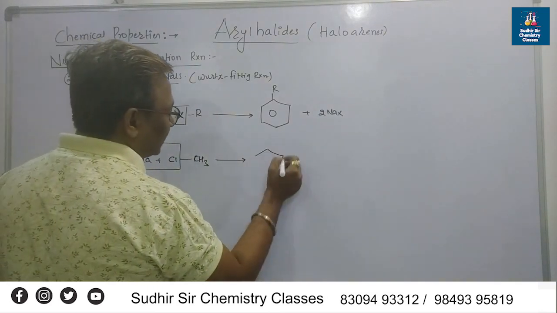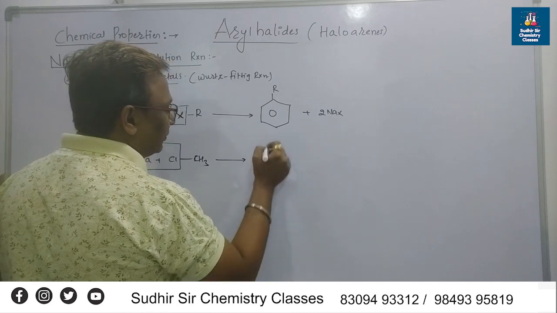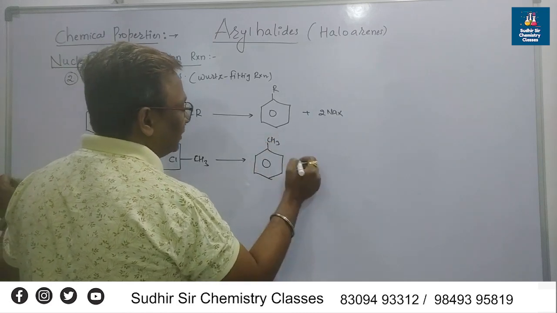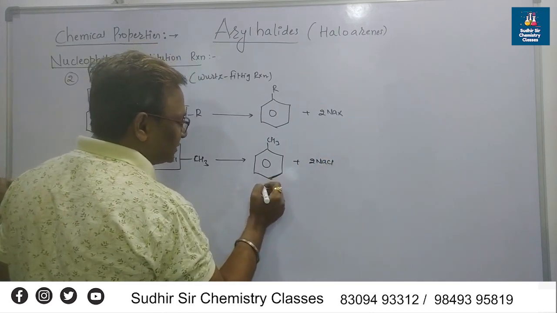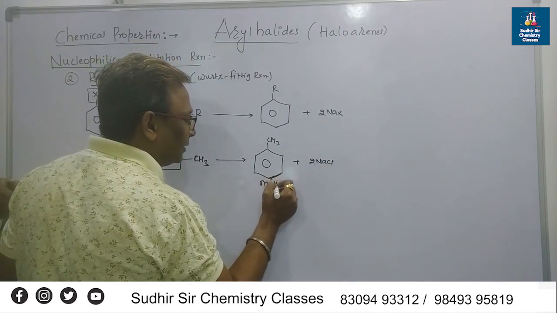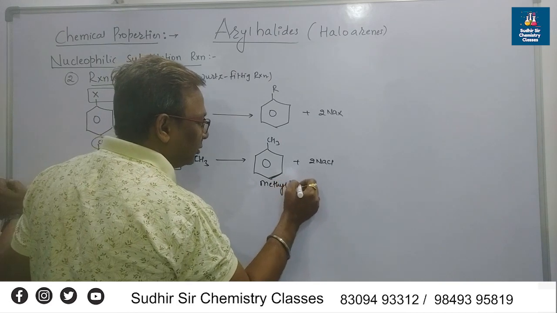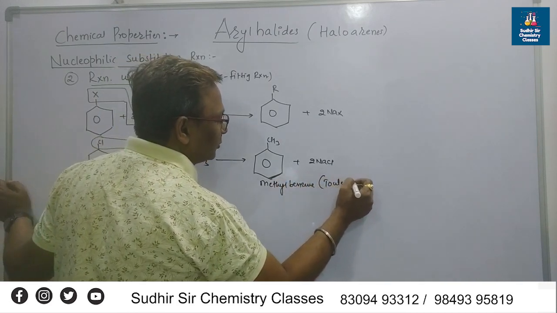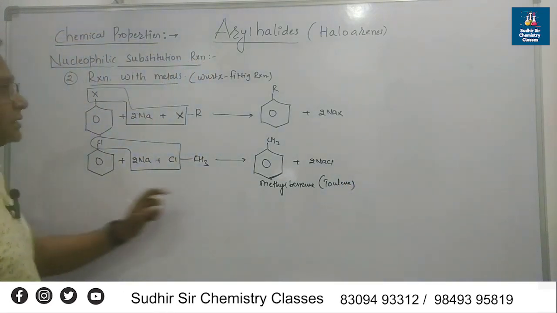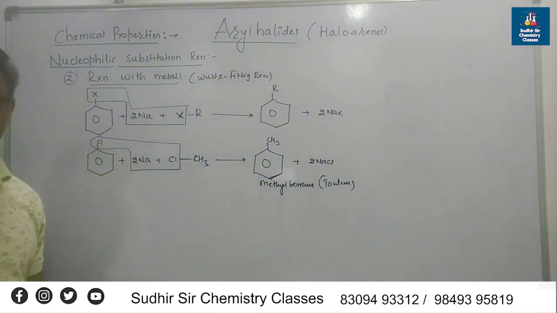Then we are getting R group attacking over the benzene, here R is methyl, and 2 moles of NaCl came off. Benzene ring bearing CH3 group, CH3 means methyl, is called methyl benzene, but it is also called toluene, right? Called what? Wurtz-Fittig reaction. So reaction of alkyl halide towards the benzene.